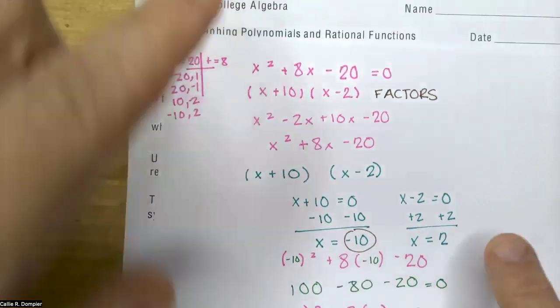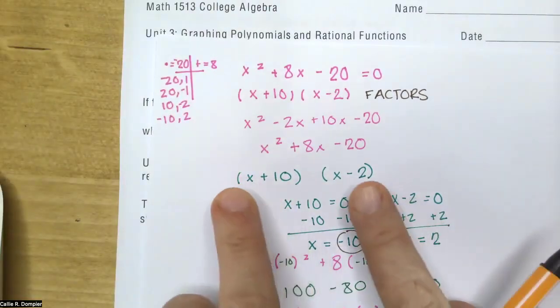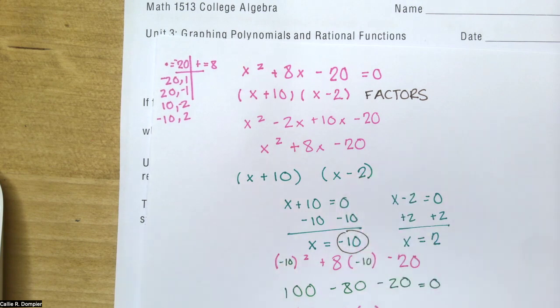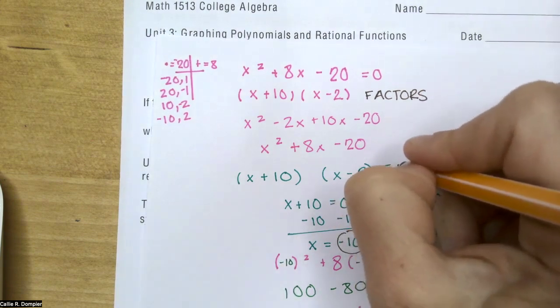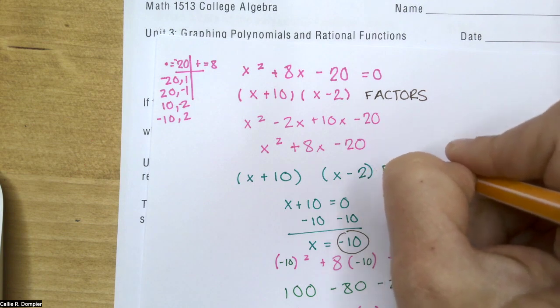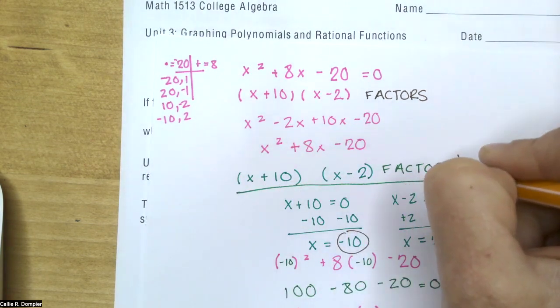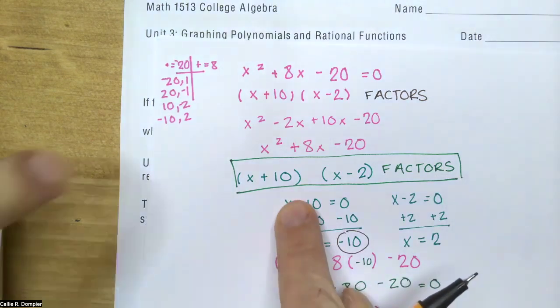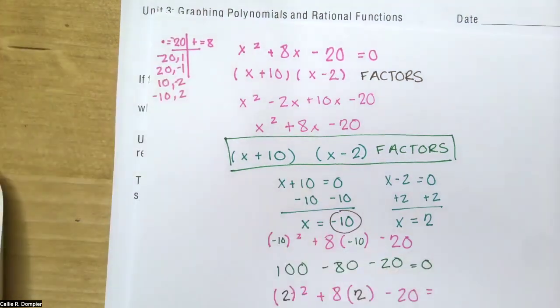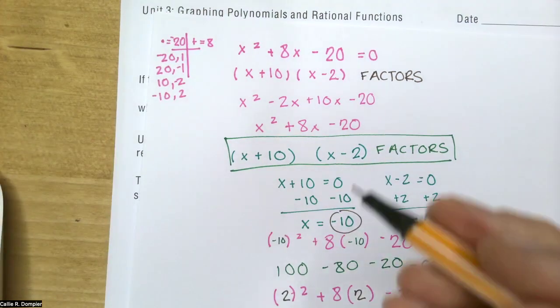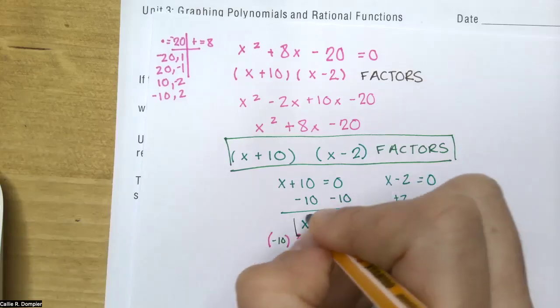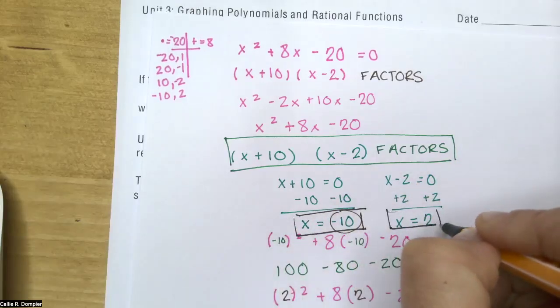Okay, so those are the solutions or the zeros. These are the factors. I just rewrote them down here. Factors. These are the zeros or the solutions.